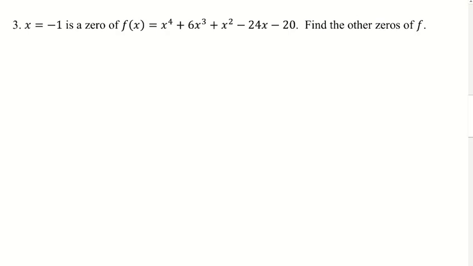This one's very similar. It's giving me -1, and it's asking me to find the other zeros. So hopefully when I run -1 through synthetic division, I'm going to get something that's factorable. So let's just have a look.